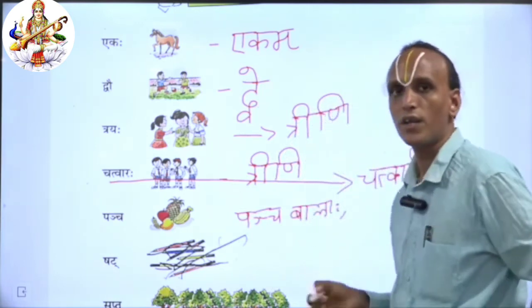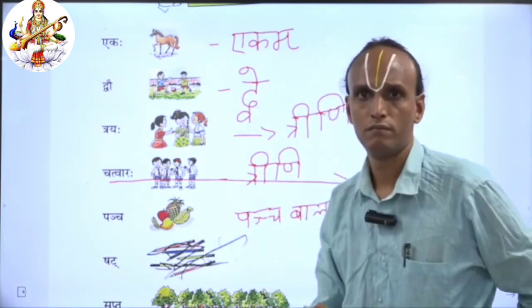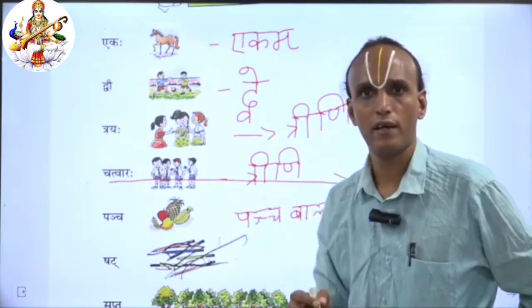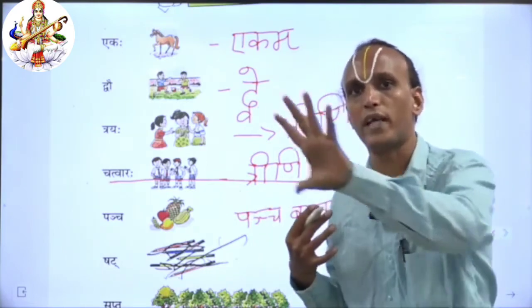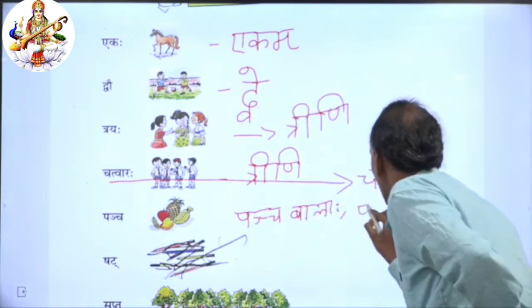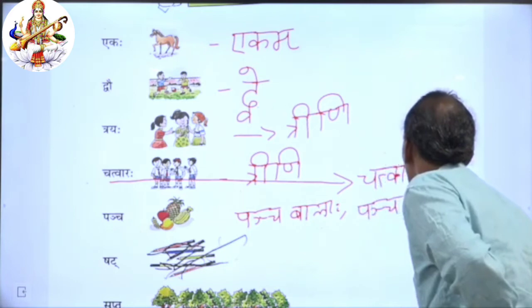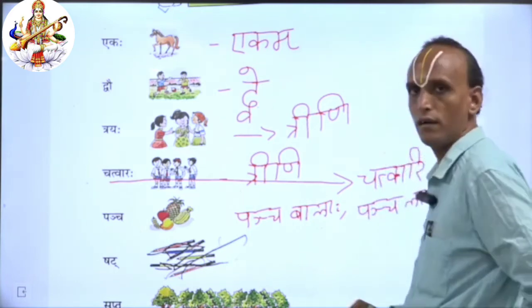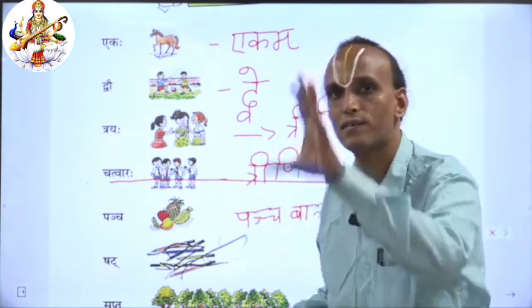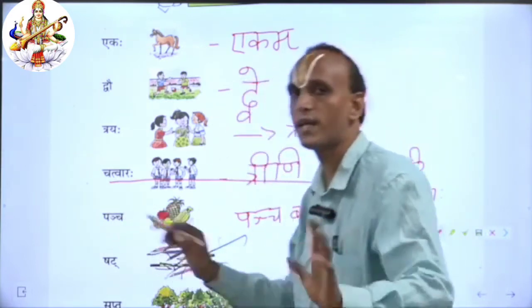Then if you take a feminine gender word, Lata means creeper, right? I want to say 5 creepers. Then what should I do? Pancha lataha. I want to say 5 flowers in Napumsakalingam. This word won't change.